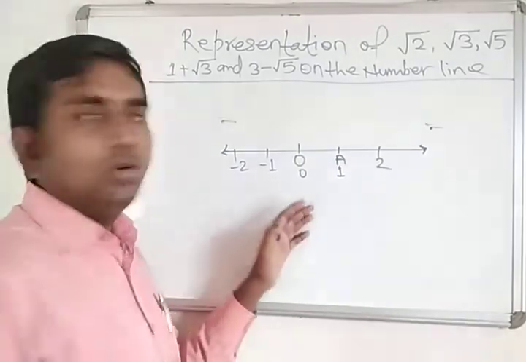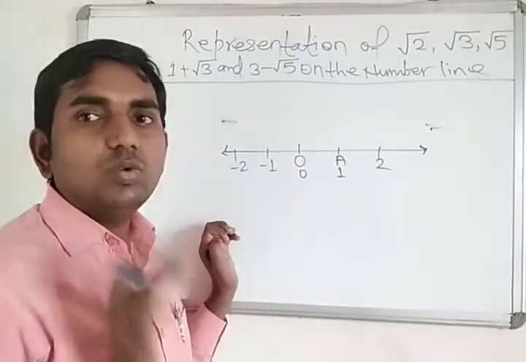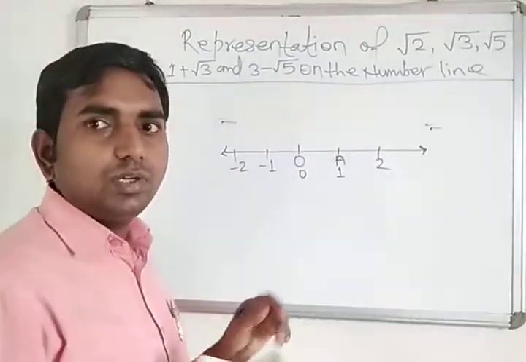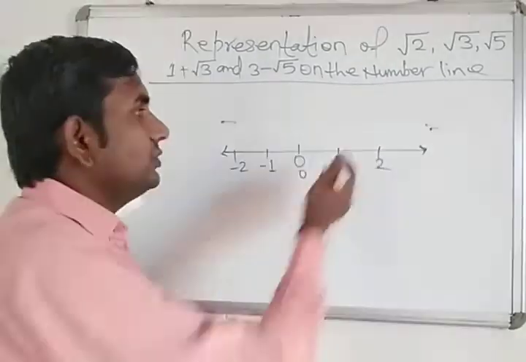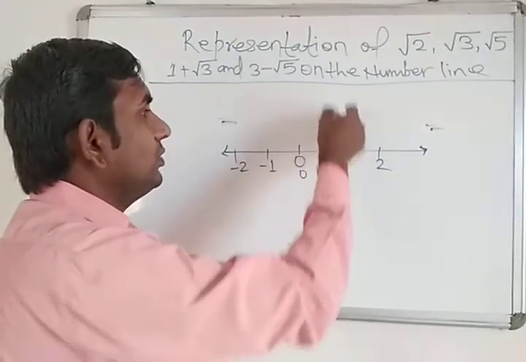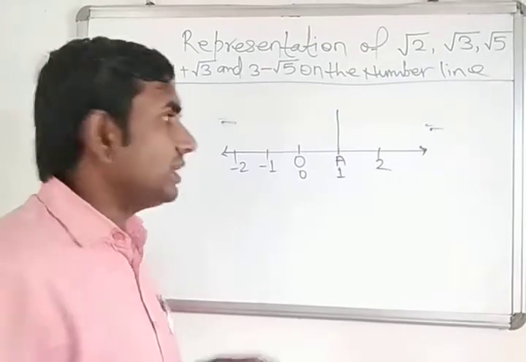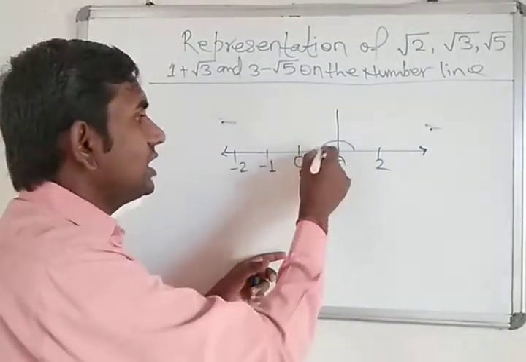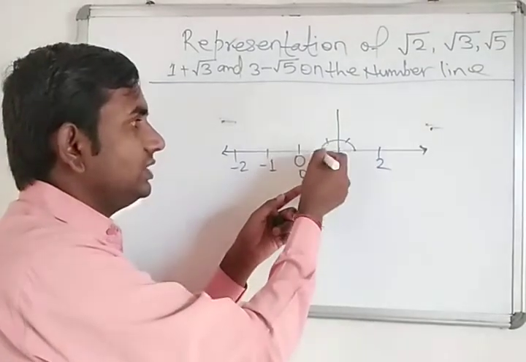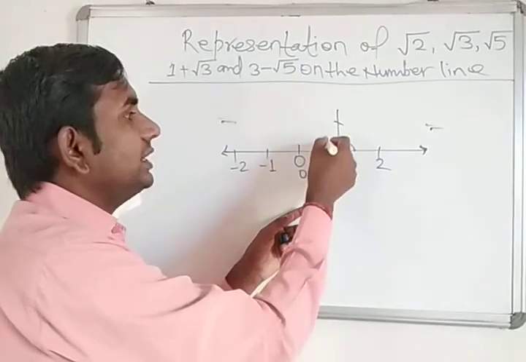Now we have to draw a perpendicular on A, equal to 1 unit, by use of a compass. We take an arc in this way and bisect from this point, and next from this point, and we draw a cross from this point to here and from this point to here.